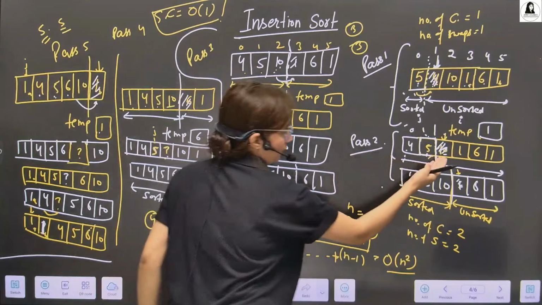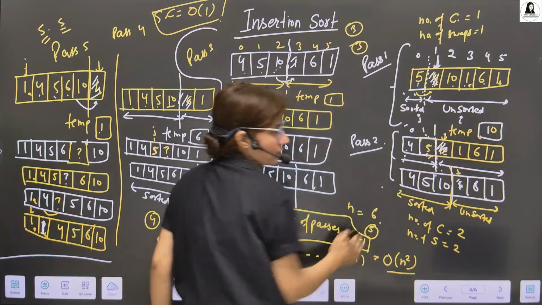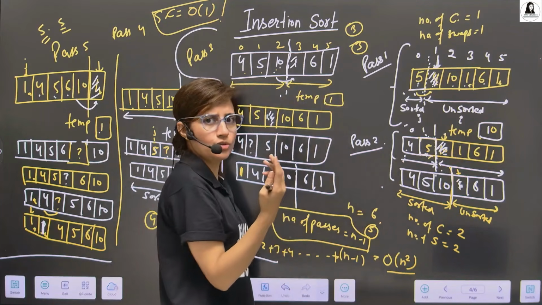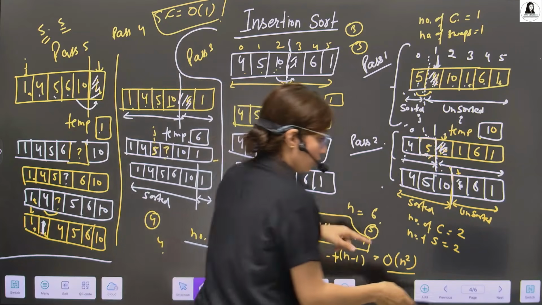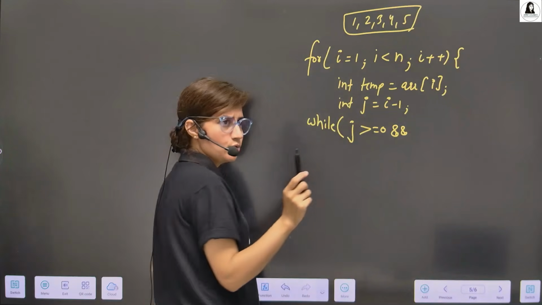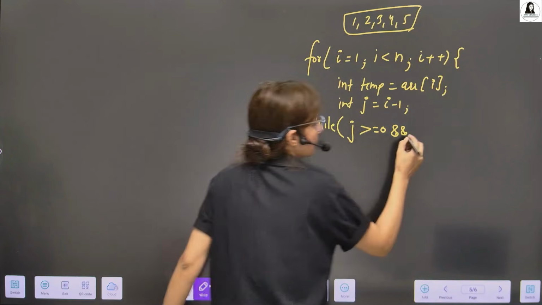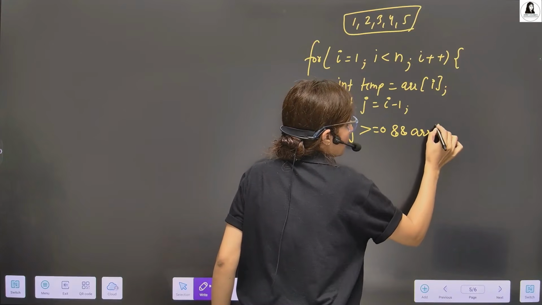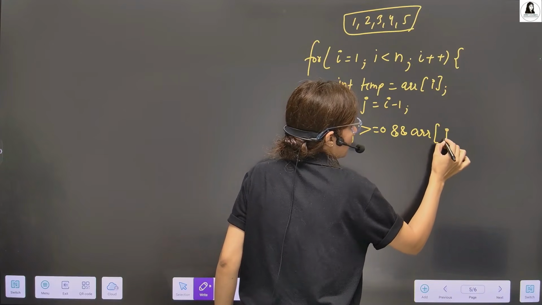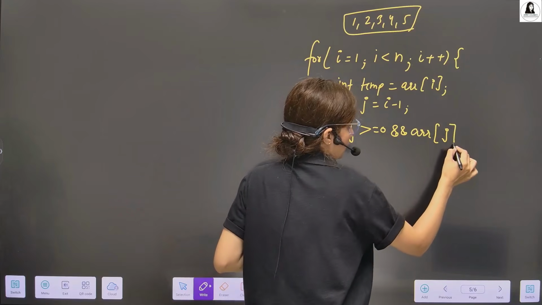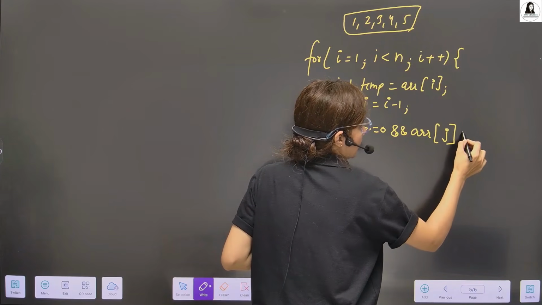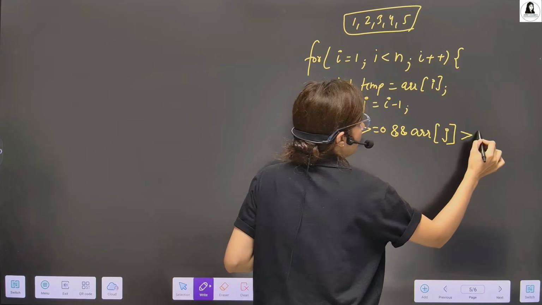In this case, when we have taken, it was 10. So we compare only one time and we got to know that we don't need to compare till 0. Okay. So second condition is, greater than or equal to 0 and array of the element whatever at jth index right now is greater than 10.